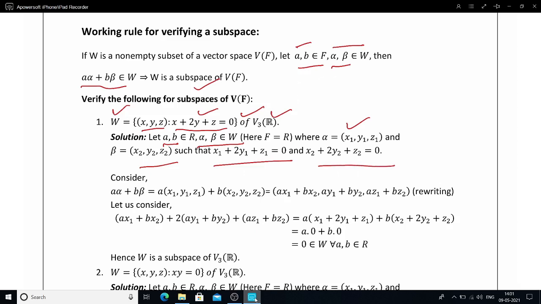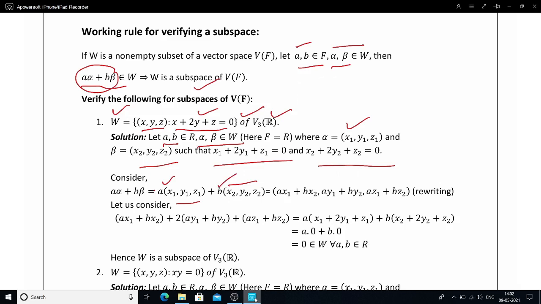Let me consider A alpha plus B beta. A as it is, in place of alpha I will take x1, y1, z1. B as it is, in place of beta I will take x2, y2, z2. Multiplying each vector by A, here by B, and adding.